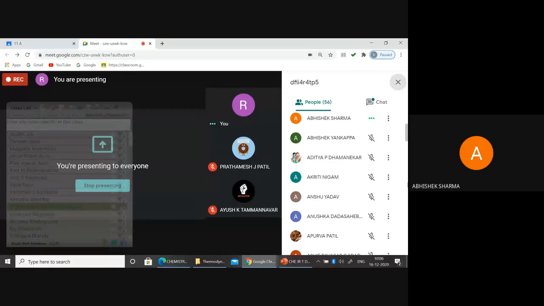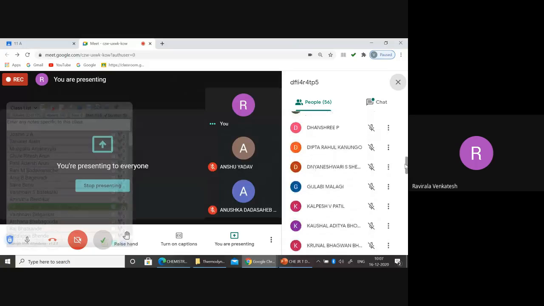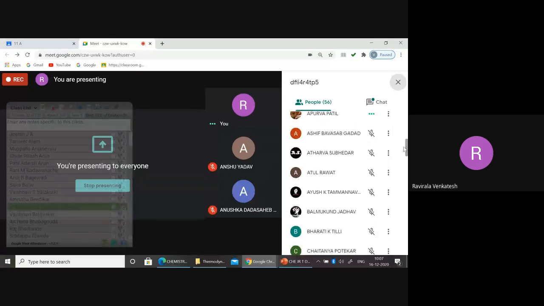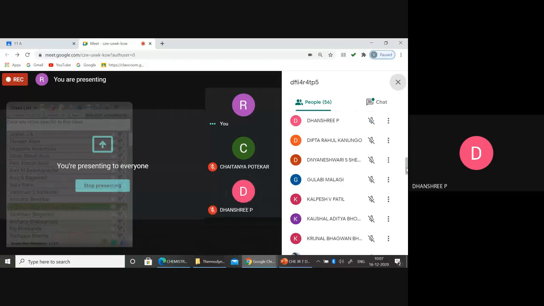Abhishek Sharma. Present, sir. Aditya. Present, sir. Akriti. Present, sir. Anshu. Anuj absent. Anushka. Present, sir. Atul Rawat. Present, sir. Ayush. Present, sir. Chaitanya. Present, sir. Dhanshri. Present, sir. Deepta.